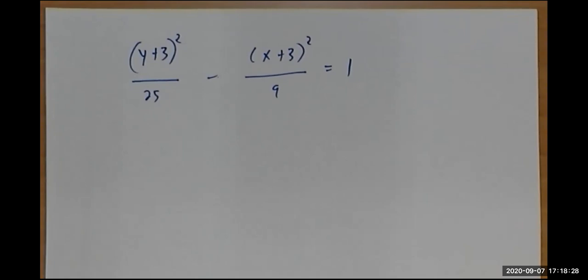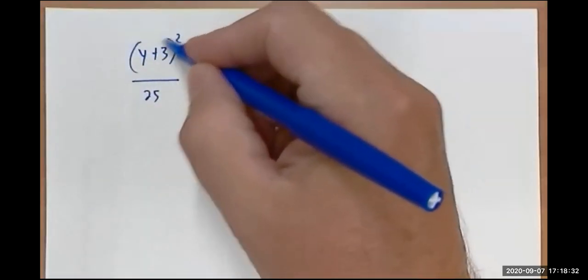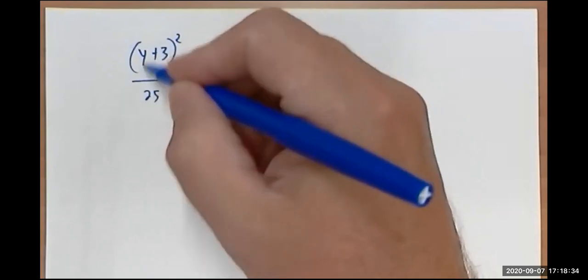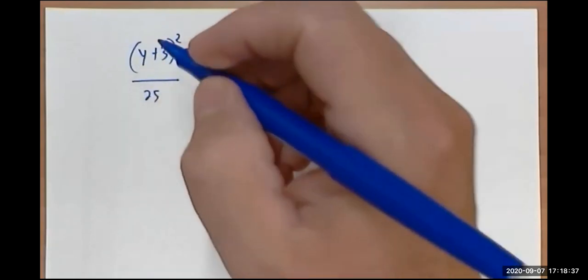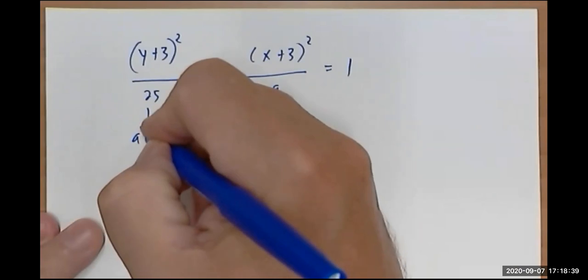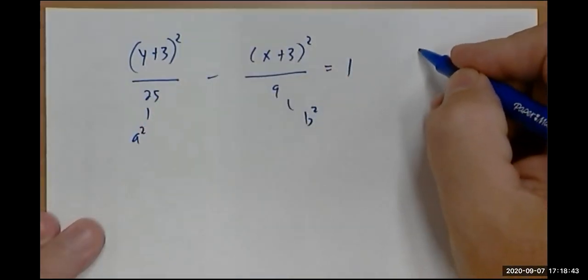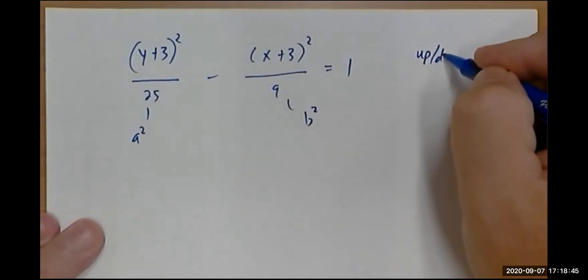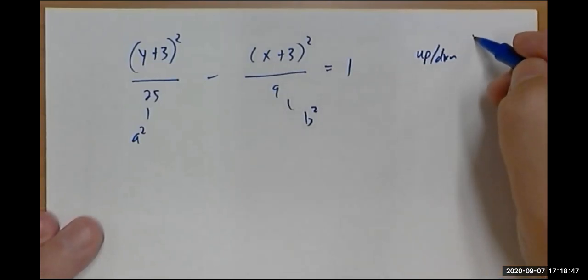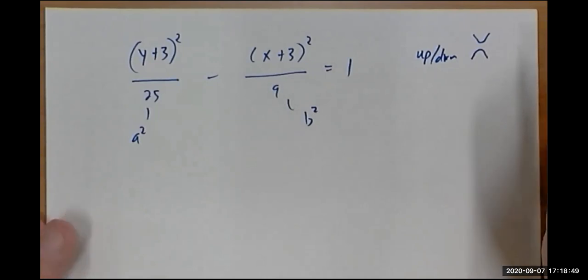So hyperbola, it's in standard form. Here, the 25 is with the y, so therefore that's a squared, and this is going to be an up or down hyperbola, so it's going to look like this.